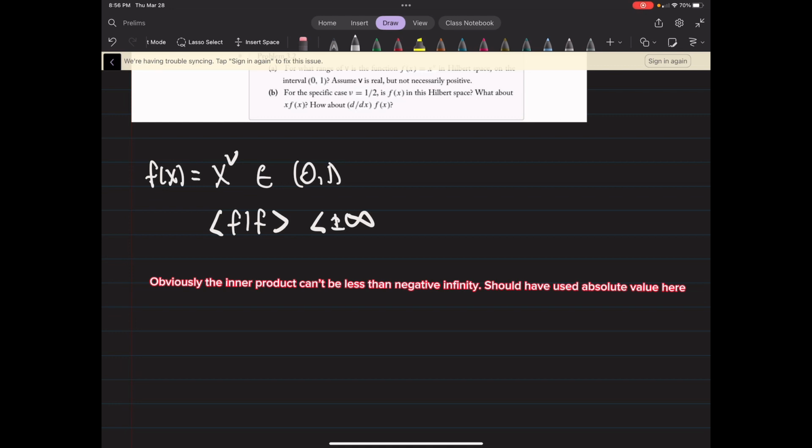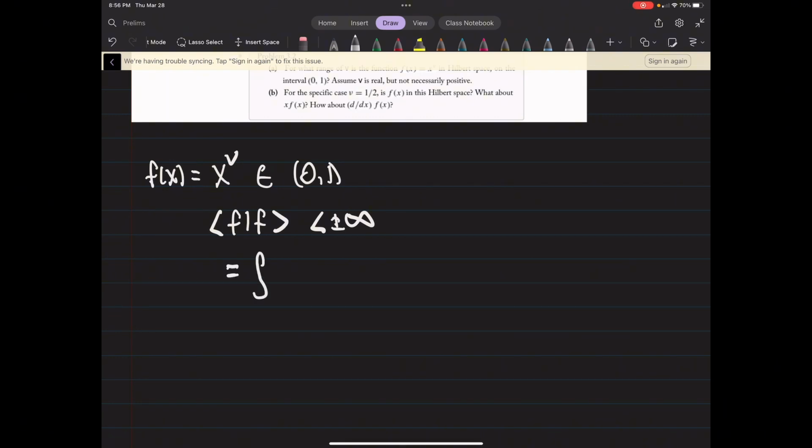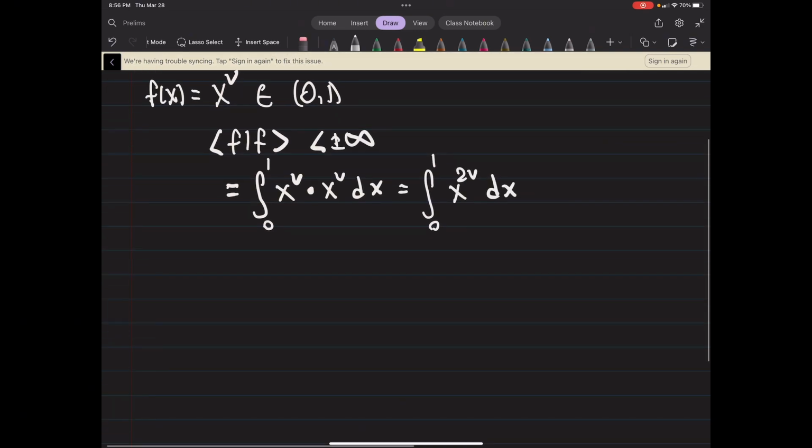So this inner product then is x to the v times x to the v dx from 0 to 1, or the integral from 0 to 1 of x to the 2v dx, which is pretty easy to integrate.